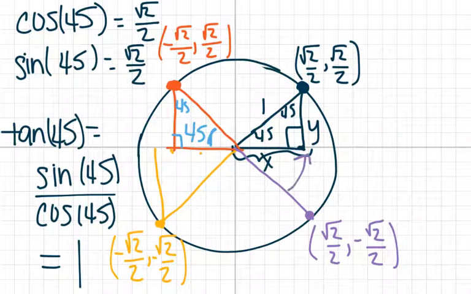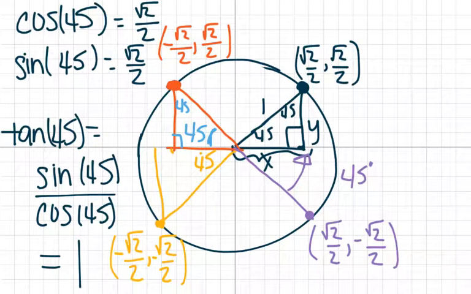And this also happens to be a reference angle of 45 degrees. So anytime your reference angle is 45 degrees, your sine and cosine are going to have an absolute value of root 2 over 2. And then your tangent is going to be either positive or negative 1.